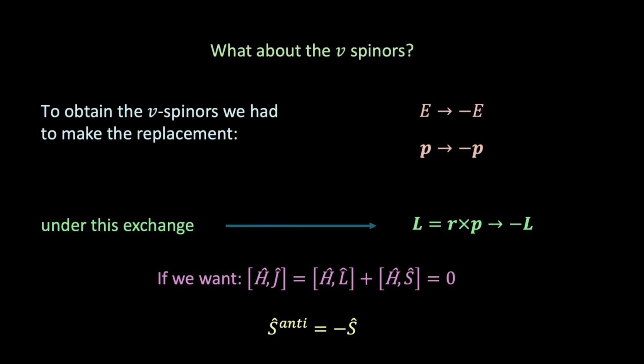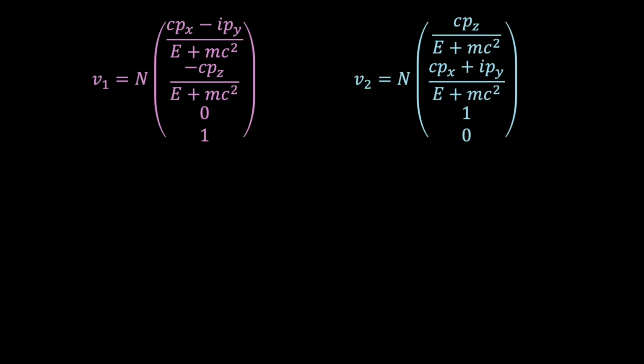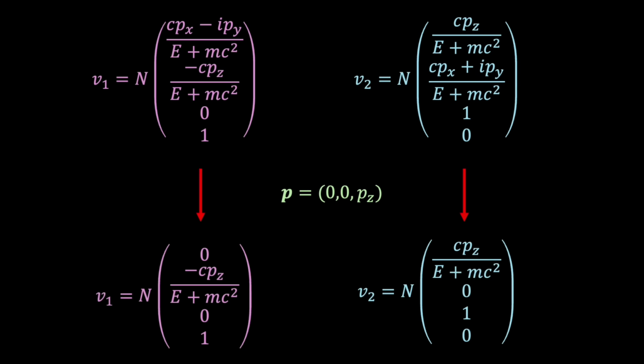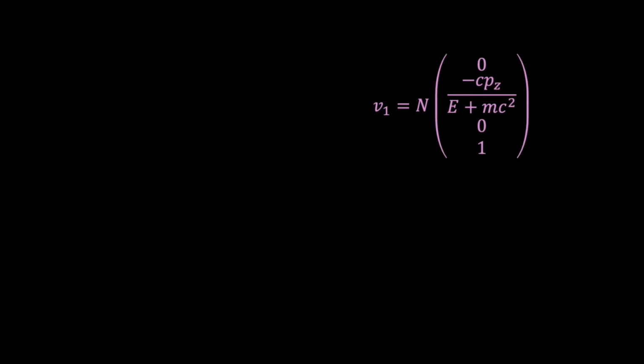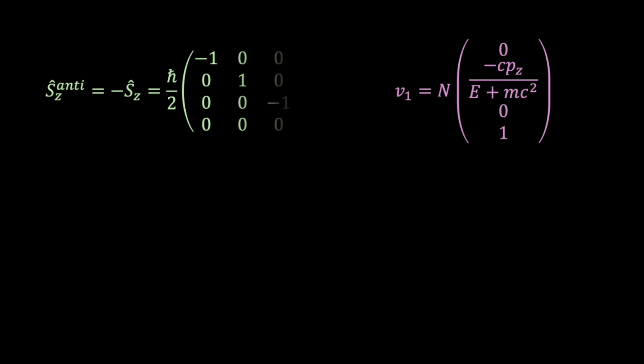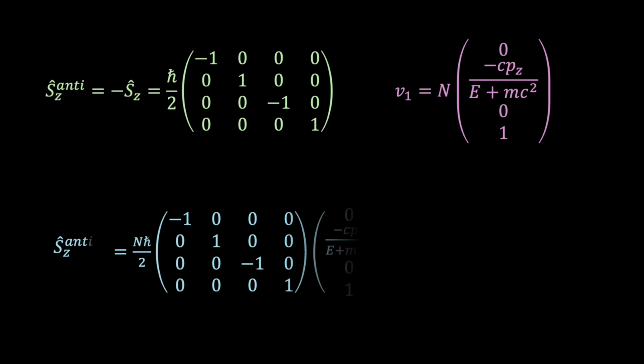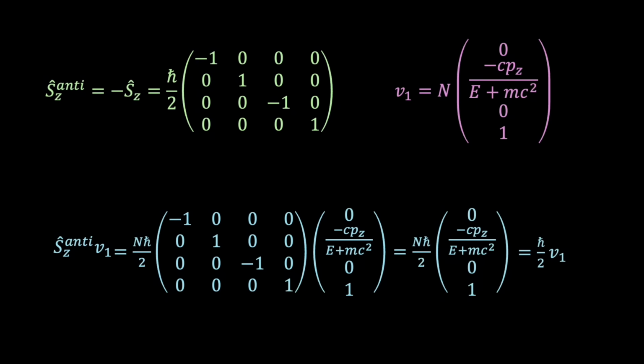So let's now consider what happens when we act with the z component of this spin operator on the V spinors. If you recall, our V spinors took the following form, and if we then assume momentum only along the z direction, we find the following simplified result. If we then consider the z component of our antiparticle spin operator and act with this on the V1 spinor and perform the matrix multiplication, we find plus ħ/2 times V1.